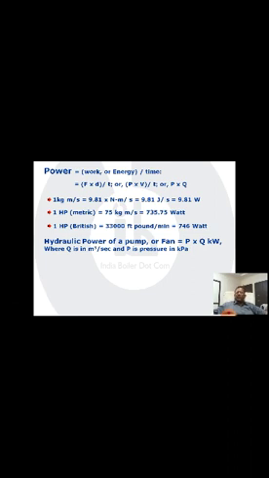Whenever there is a prime mover, it's creating a flow against a pressure. When you multiply the pressure with the discharge, you are going to get the power, right? And if you want to find out the power in kilowatt, do not forget to take the pressure in kilopascal, otherwise the answer will be wrong.